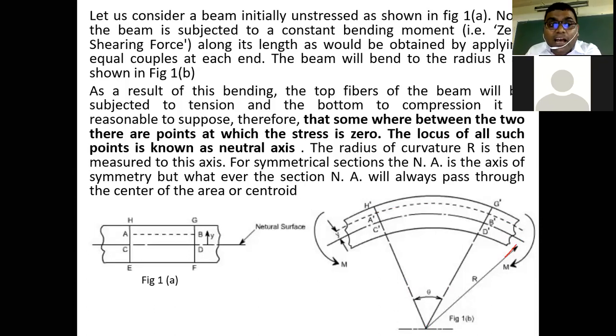It means after applying the couple, this neutral surface C dash D dash will be equal to CD, and CD is equal to AB. That's why you can say AB will be equal to R theta, because this is called R and this angle is theta. Did you understand that? Because you just link this. Initially AB and CD both are equal.